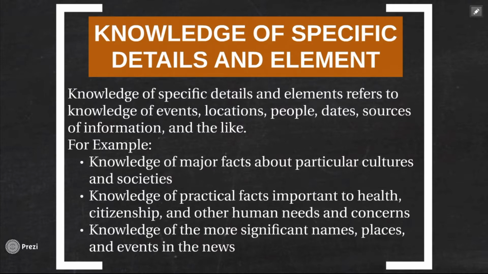And the second, knowledge of practical facts important to health, citizenship, and other human needs and concerns. And the last example, knowledge of the more significant names, places, and events in the news.